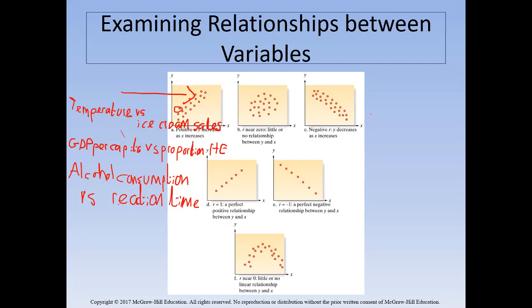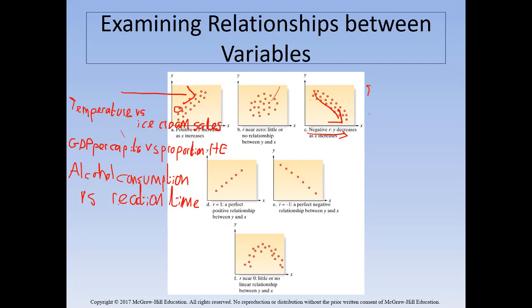Okay, so let's have a look at negative correlation. So here, as my x goes up, my y goes down. So it's going in the opposite direction. Let's think about this.